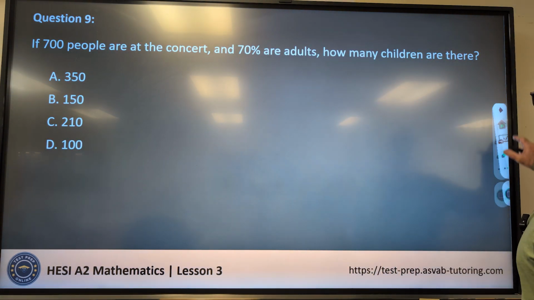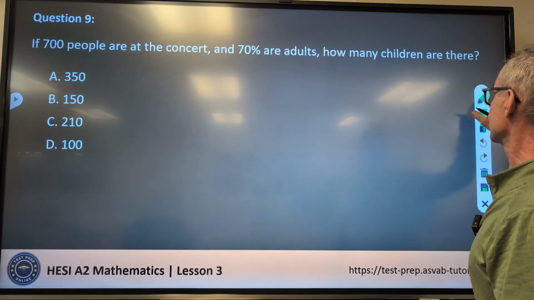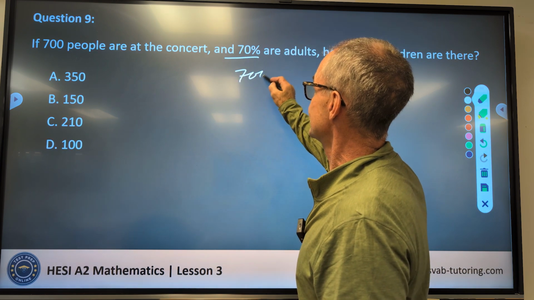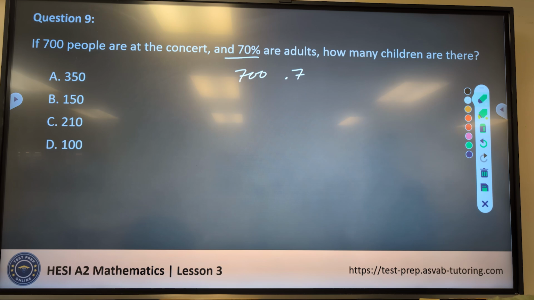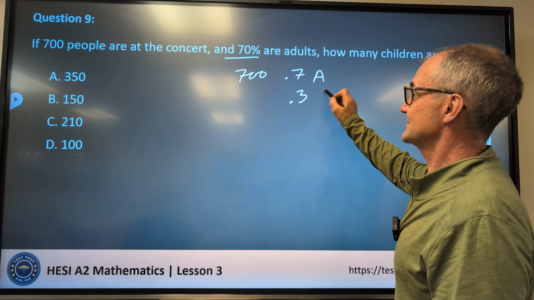Problem number 9. If 700 people are at the concert, so we got 700 people and 70% of them are adults, how many children are there? So there are 2 ways to do this. I could figure out if this is the adults, 0.3 have to be the children.